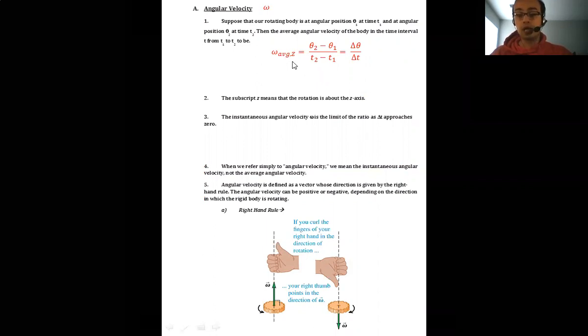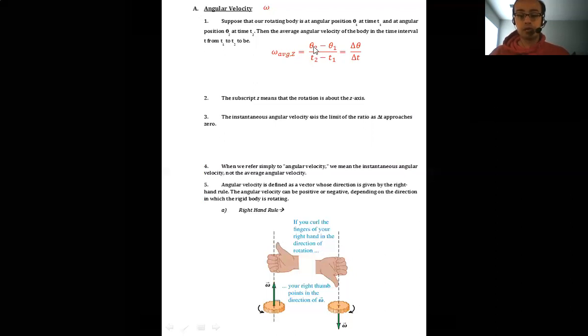We call it z because the angular velocity is given as a vector which is perpendicular to the motion in the plane of the rotating object. So you'll sometimes see it as omega average z because the velocity vector for angular velocity is perpendicular to the object that is rotating. What is that defined as?